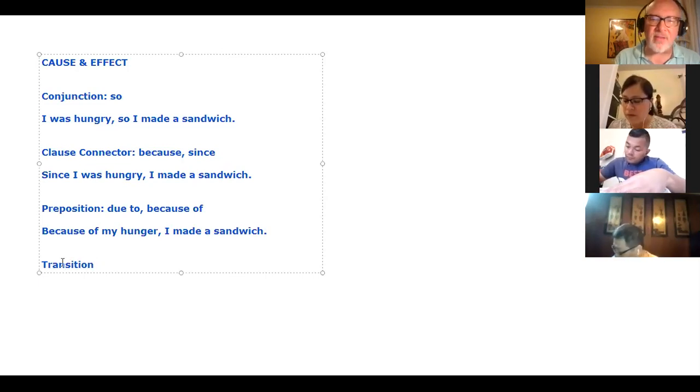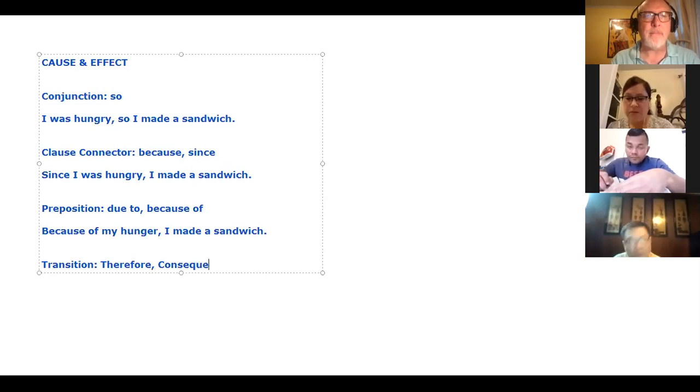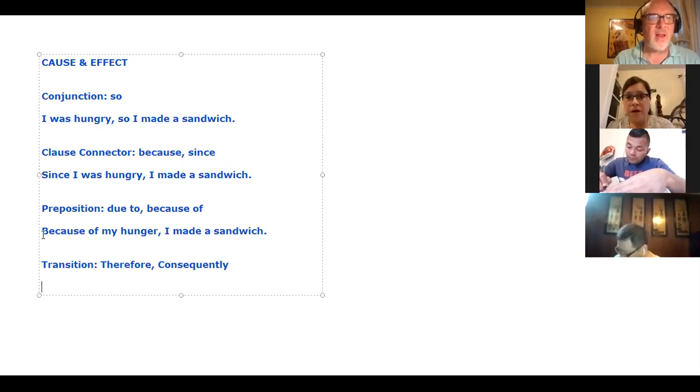And then finally, we had the transition, which are the longer words like therefore or consequently. And for example, I was hungry, period.